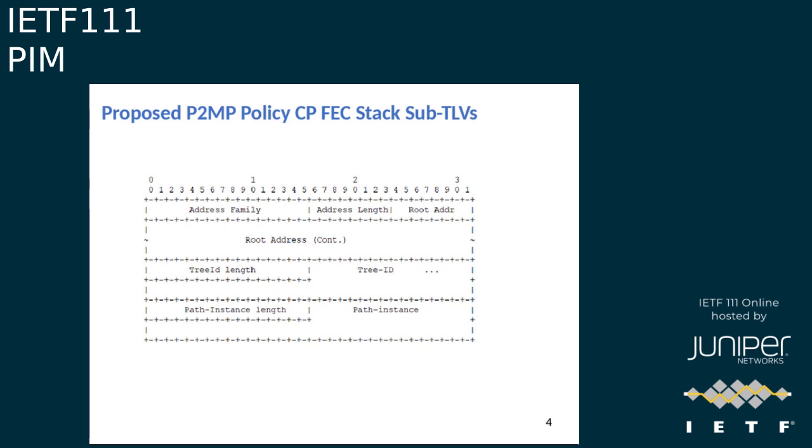Correct? Yeah, exactly. So we feel that the procedures are very much closer to MLDP or point-to-multipoint RSVP-TE LSPs. Segment routing is unicast. Let me put it this way: if this was ingress replication, then we could have used segment routing procedures to test each one of those unicast paths from the head end to the end.